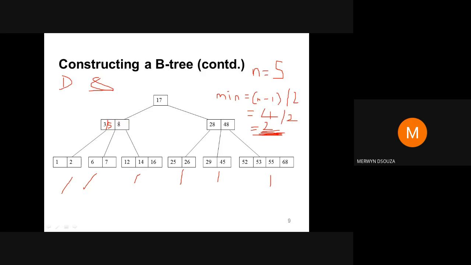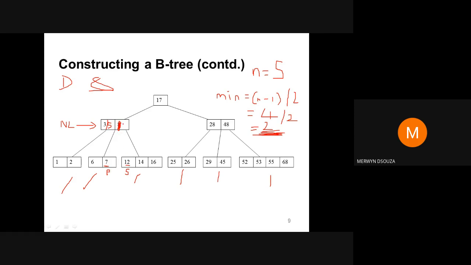So just imagine that 8 with this node is a non-leaf node. In that case you need to find the predecessor or successor. The predecessor of 8 is 7, and the successor of 8 is 12. You delete 8, and in its place you can promote either the predecessor or the successor.